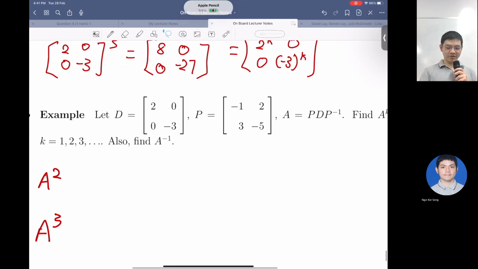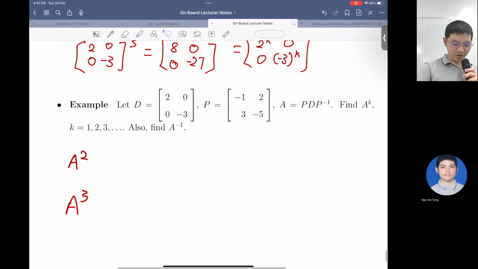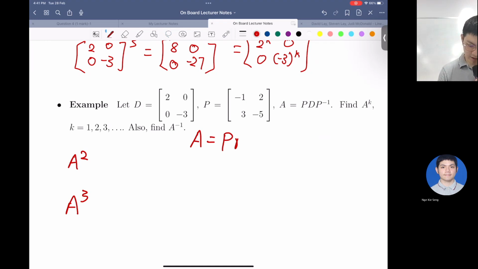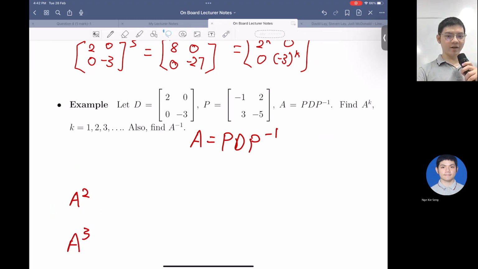The first one who finishes, you can tell me what A squared and A cubed are. A is the thing equal to P D P inverse.